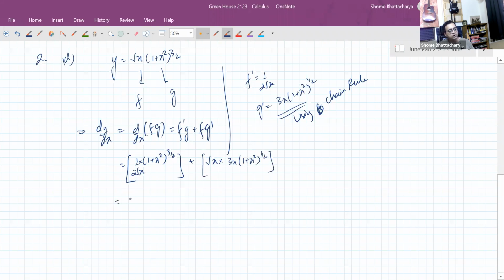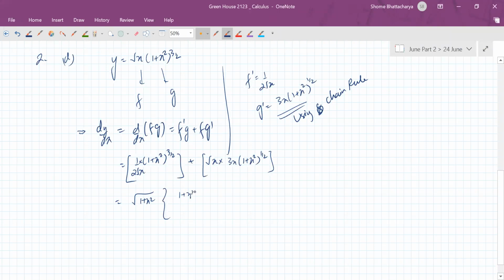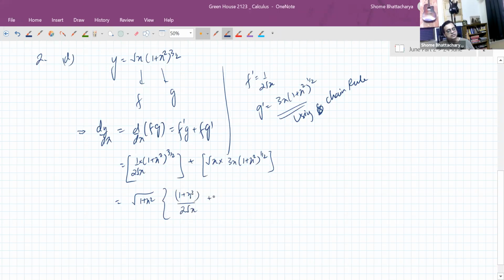So what do we take common now? We can take square root of 1 plus x squared common, right? So this term will become (1 plus x squared) by 2 root x, and this term will become 3x root x. And then further we can take LCM. So we have square root of 1 plus x squared upon 2 root x, into (1 plus x squared plus 6x squared).